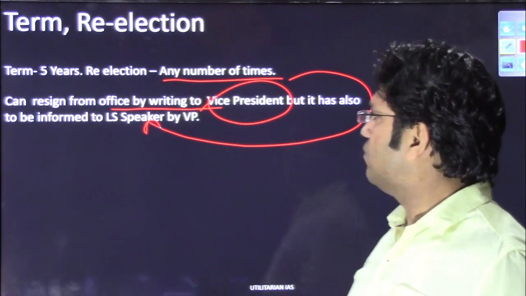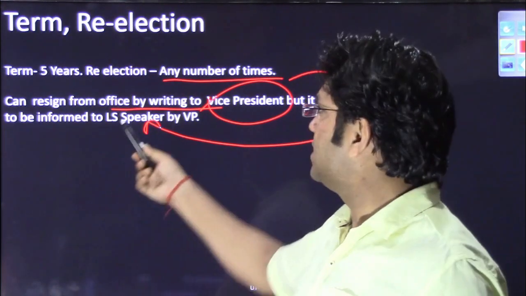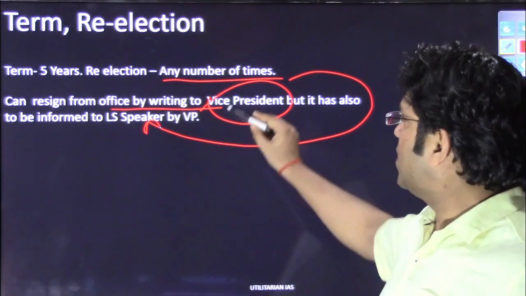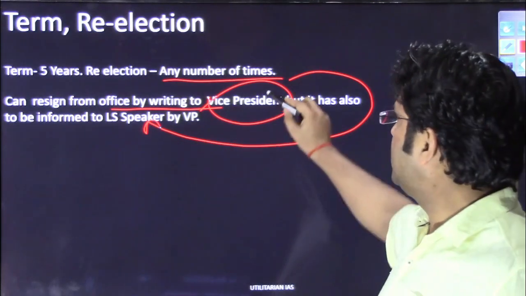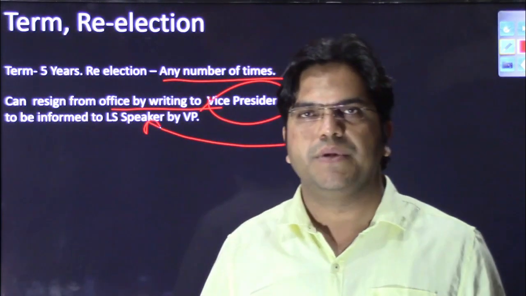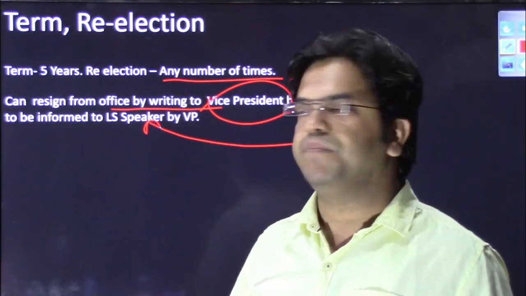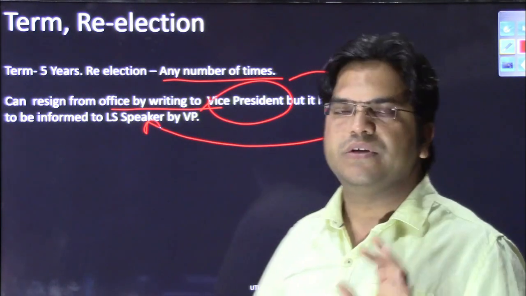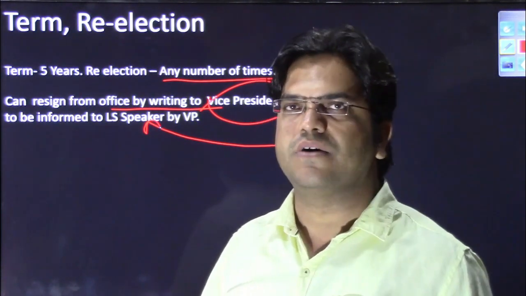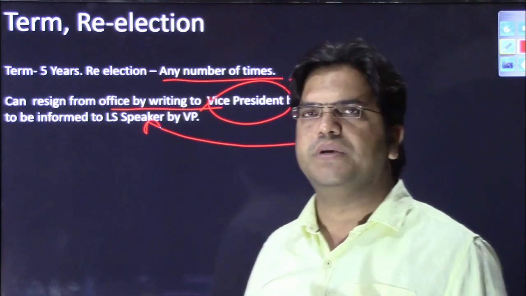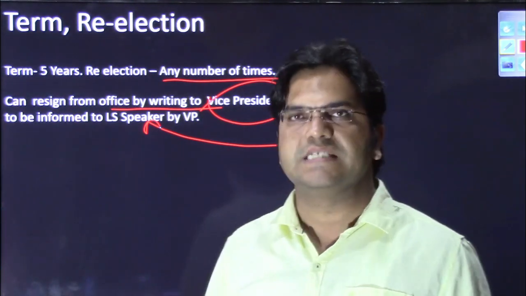What is the logic? Why does the vice president need to inform the speaker when the resignation letter has been addressed to the vice president? Because the president belongs to the people, and it is the Lok Sabha which is considered to be the people's house. So people should be aware that their president has resigned.